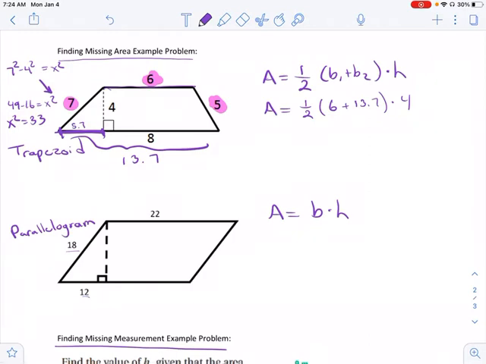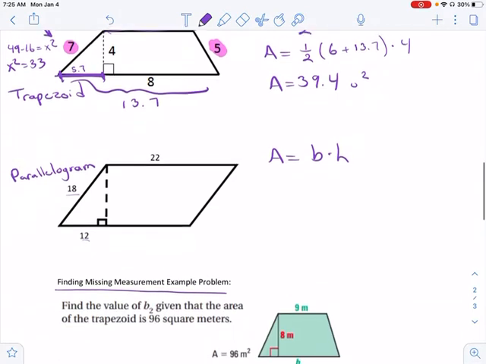So 13.7 plus 6 times a half times 4. I'm just plugging this into my calculator or into Desmos, and I get 39.4. I don't see any units of measure, so I don't need to really say anything. If I wanted to, you could say something like units squared, but really we don't have to put anything if we don't see anything.